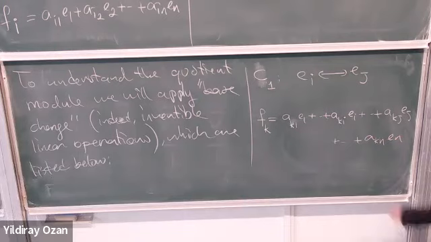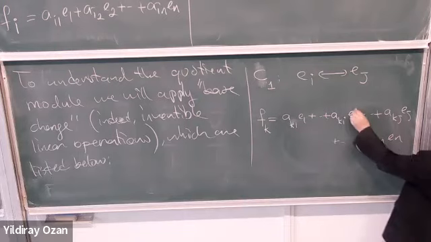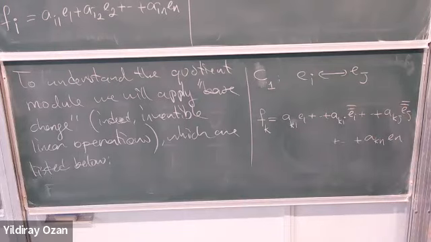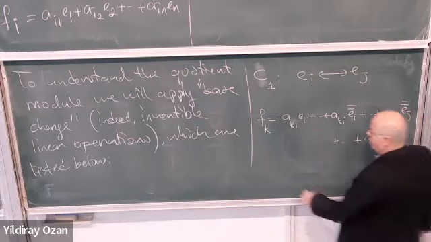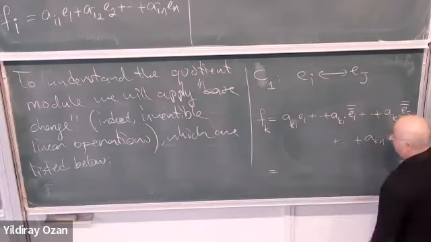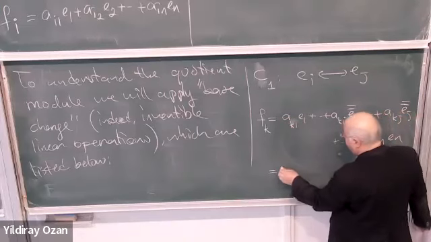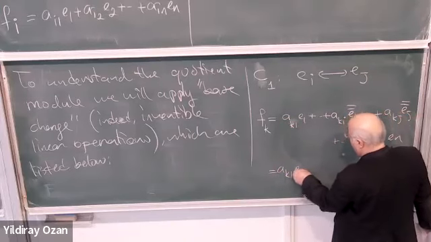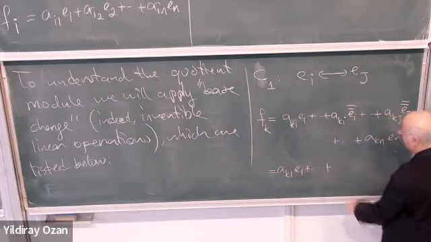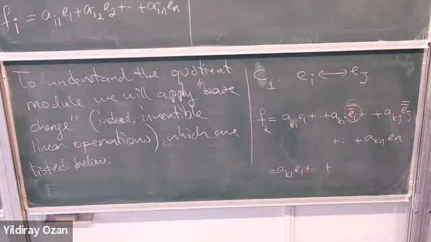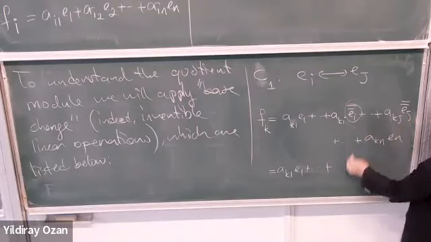Now, if I interchange ith basis element with jth basis element, what happens? So, I of course have the same element, but I will write in the following order. This element is interchanged with this one, therefore, the coefficient will also change.